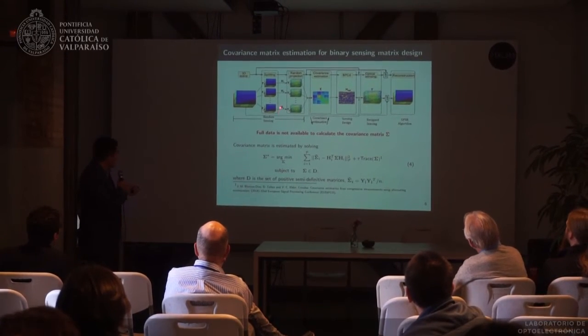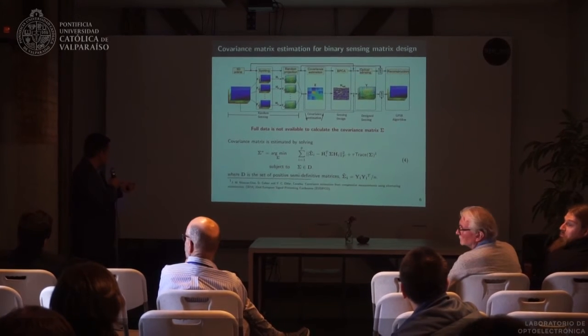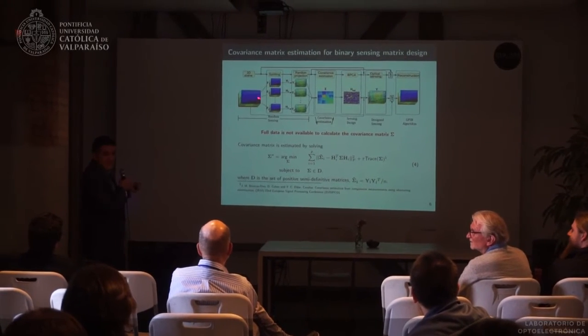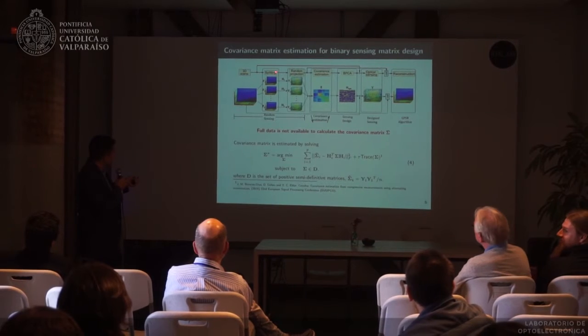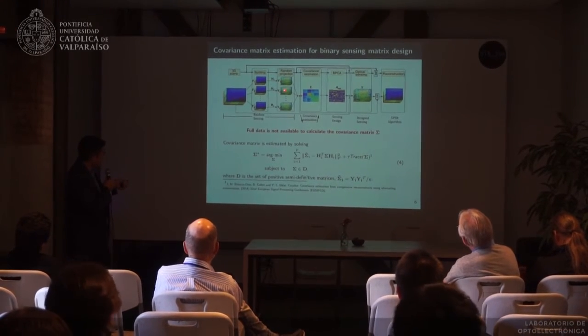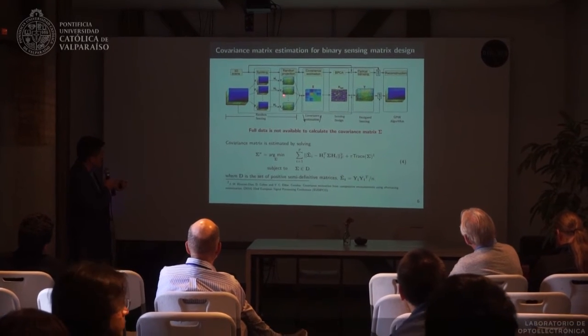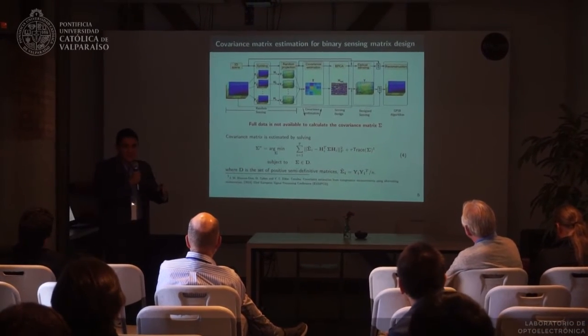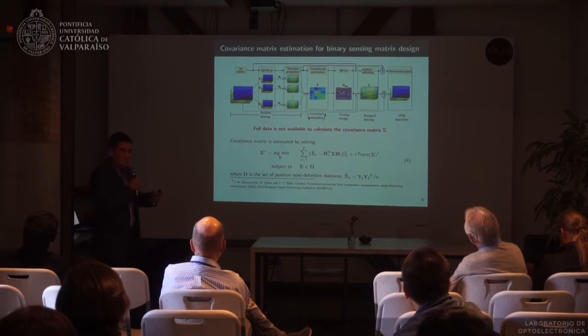Maybe it's easy to understand. This is the input, okay? And I divide the signal in several subsets. I capture several random projections, and with these random projections, I estimate the covariance matrix in the compressive domain.